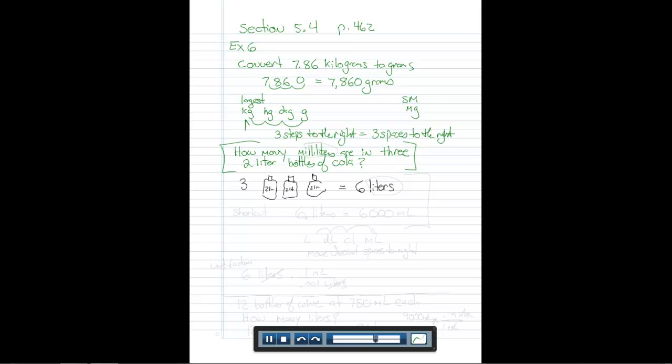Yeah. So I'm going to use two methods to do this conversion. I'll call the first one the shortcut. And then I'll do unit analysis with the unit fraction. So it really is a shortcut to use this thing.